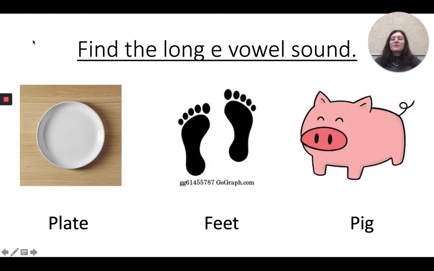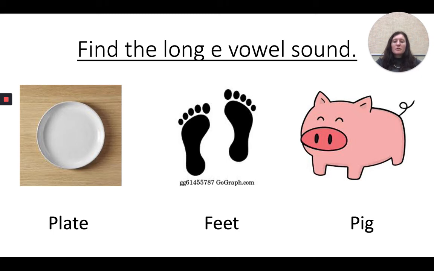All right, on this one, we're going to find the long E vowel sound. So we have plate, feet, or pig. So again, looking at the letters, that can definitely help us to eliminate ones that we know are definitely not going to work.